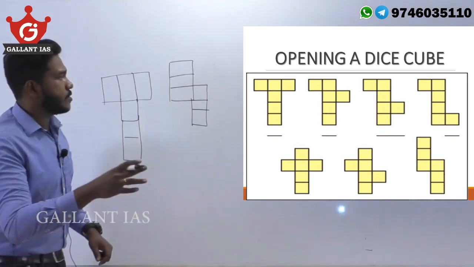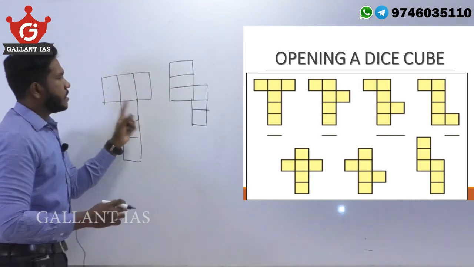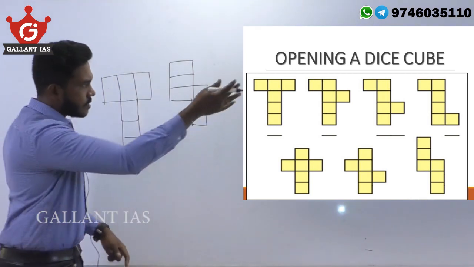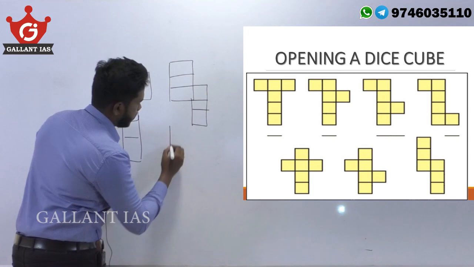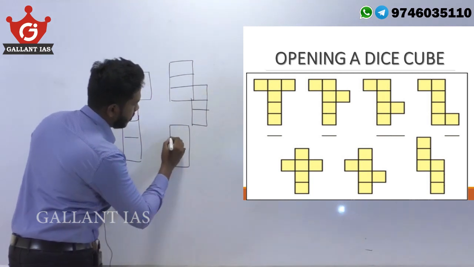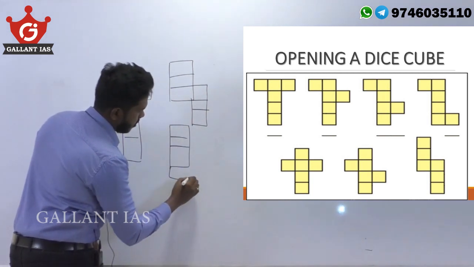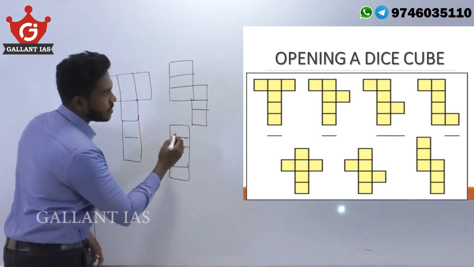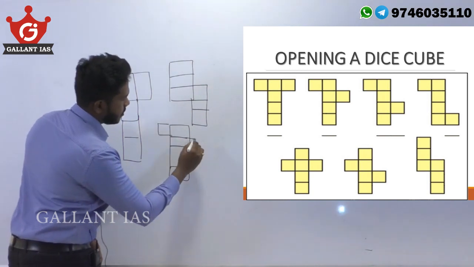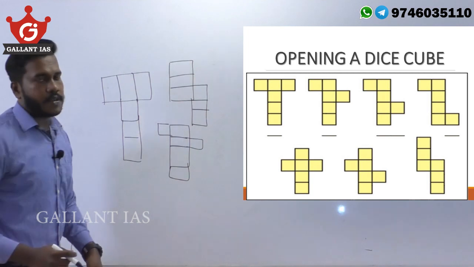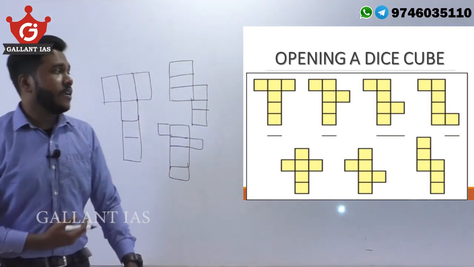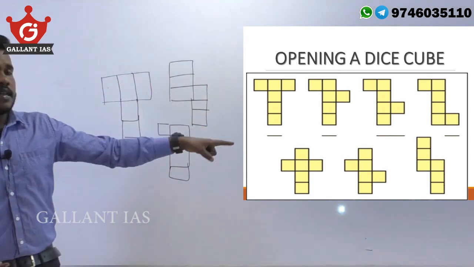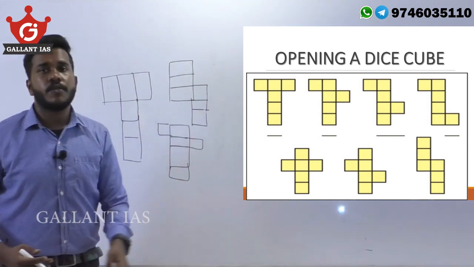Consider the second figure, second format. Here also you can see 2 extended faces. Similarly, you can see extended faces on the 3rd, 4th, 5th, 6th, except the 7th one.